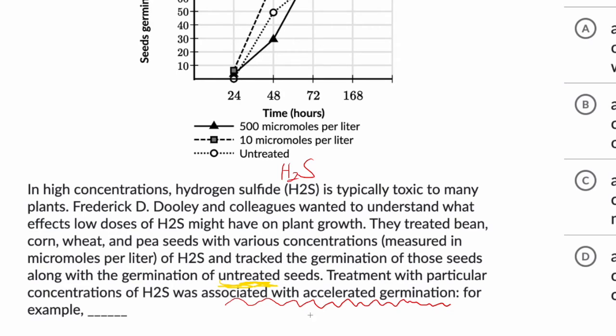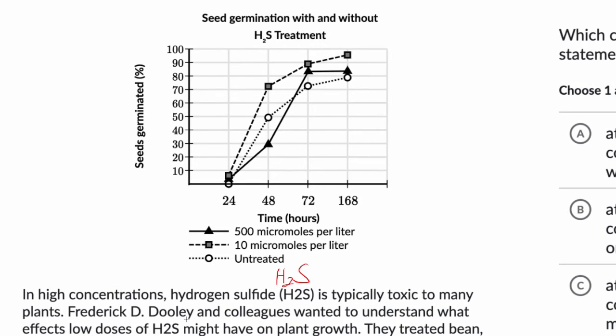But once we've read the passage, we know we're looking for accelerated germination, and that means we're probably looking for something to do with this curve. But not only that, probably something related to this time interval, because that's where the differences are the greatest. Whereas up there, they're not that different, and there, they're not that different either.